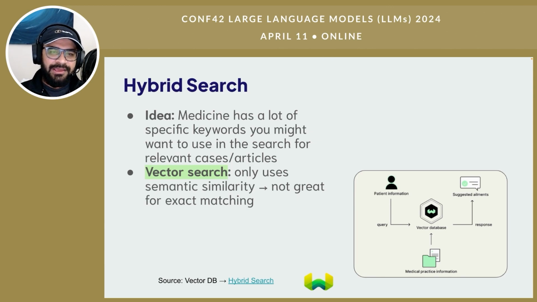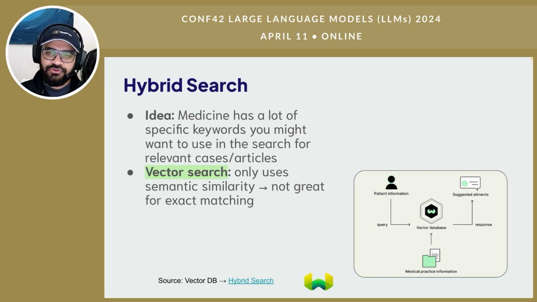So the idea behind hybrid search is, why don't we mix vector search and keyword search, and we do a little bit of both. The idea here is we want to search not just over the meaning and the problems that this patient is having, but also the keywords that are used in their description. So maybe numbness, or the type of medication they're on, or index finger, things like this that match well with medical literature and medical lingo.